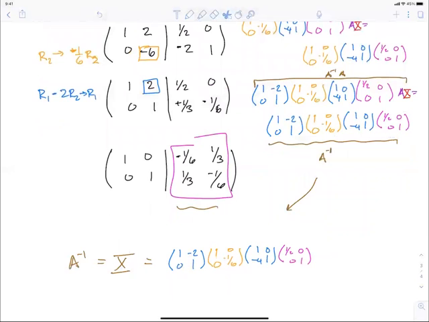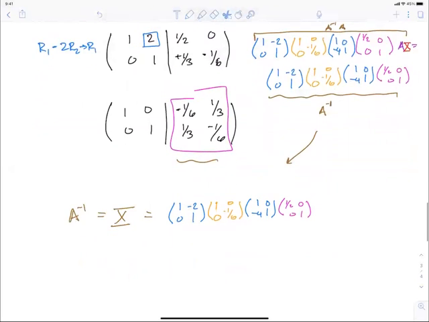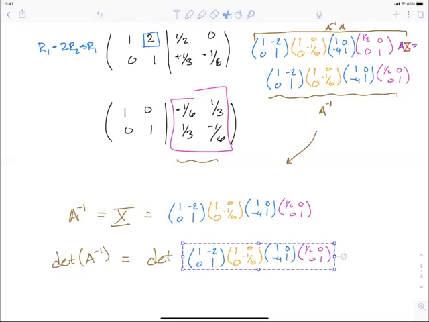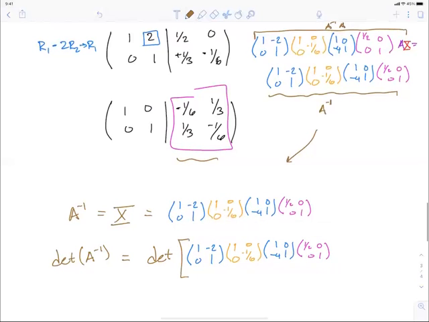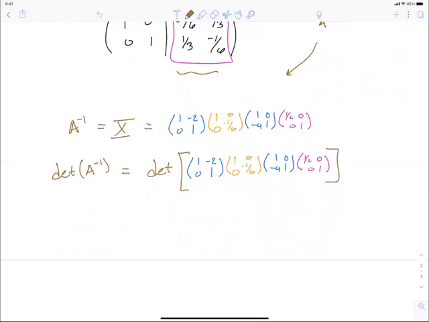All right, so far we haven't talked about determinants, but it's coming. So A inverse is equal to all those. Now when we do this, we know the determinant of A inverse is equal to the determinant of all these guys together. And we know that the determinant can be broken up matrix by matrix.